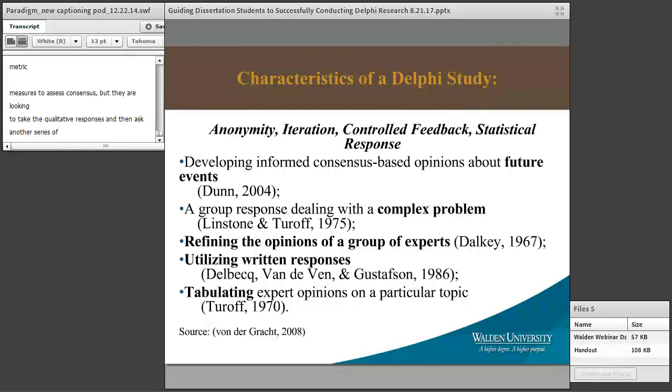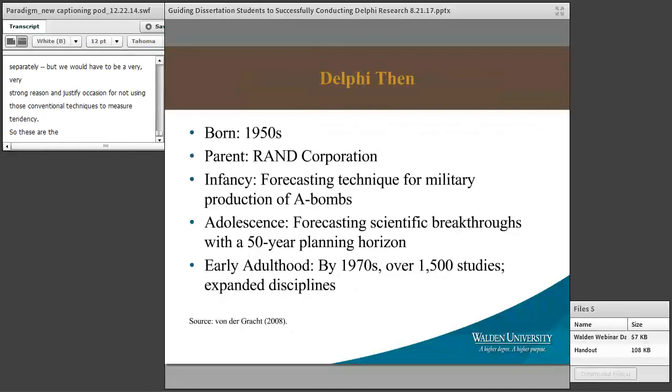That's not a conventional Delphi, and I would say if a student ever approached me about doing a study like that, it would probably be because they have fear of means and medians, which we can talk about separately. But there would have to be a very, very strong reason and justification for not using those conventional techniques to measure central tendency. Okay, so these are the 4 characteristics that we look for in a Delphi study.